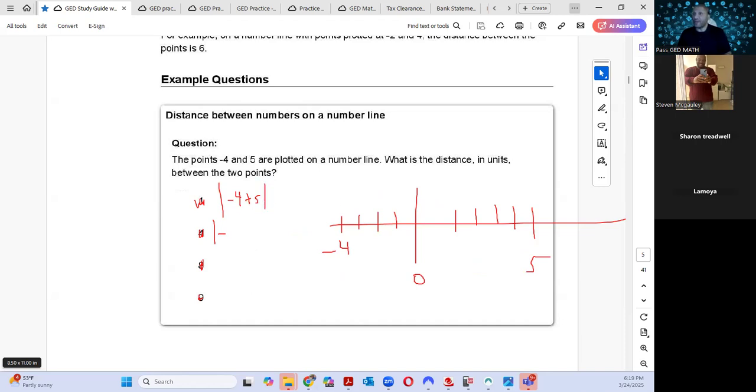Then they're going to have the absolute value of -4 minus 5. Then they're going to have a +1, and then they're going to have a -1. That's what you can see, something like that.